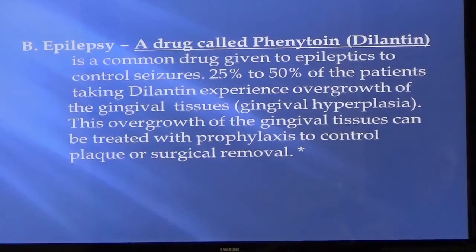The overgrowth of the gingival tissues can be treated by good hygiene, and sometimes you have to go in there and remove it. I've done a couple of these surgeries. It's usually very messy. The gum tissue just kind of overgrows.